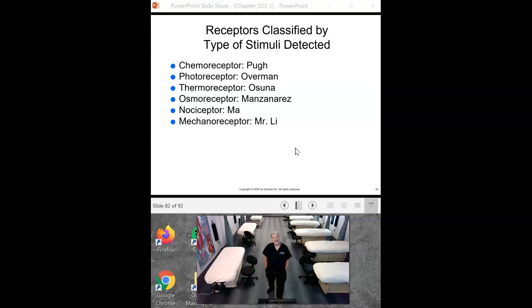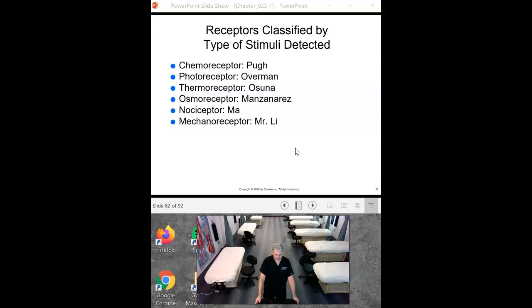So the nociceptors can be defined as sensory receptors that are activated by noxious stimuli that damage or threaten the body's integrity. Nociceptors belong to the slowly conducting afferent A delta and C fibers.